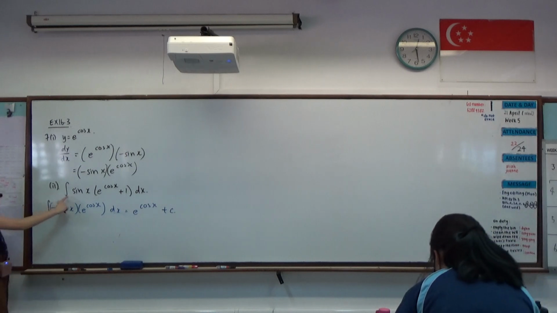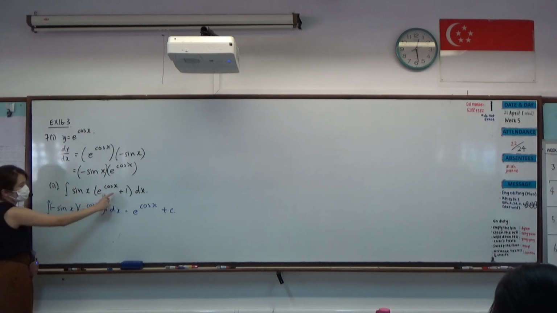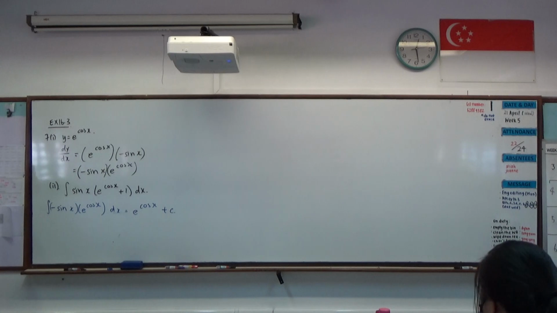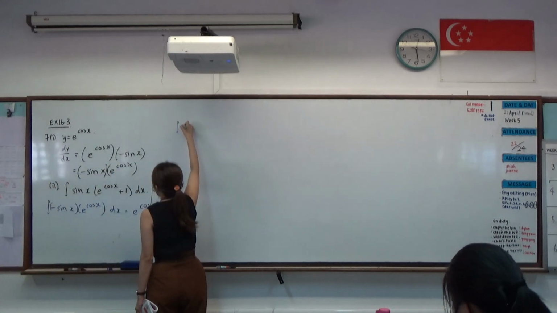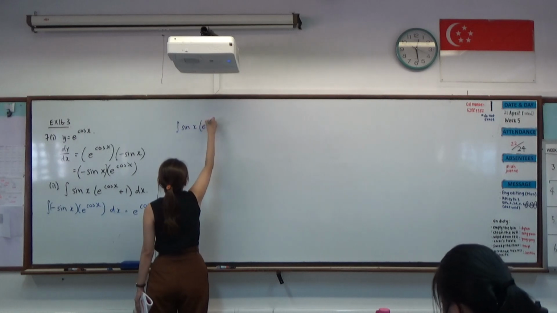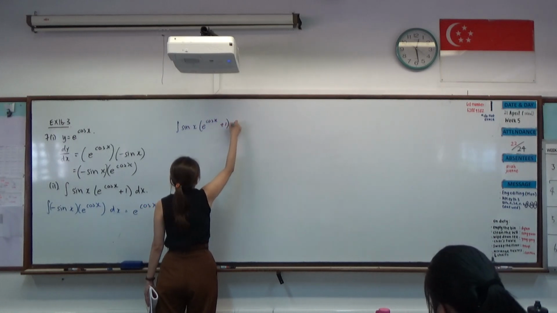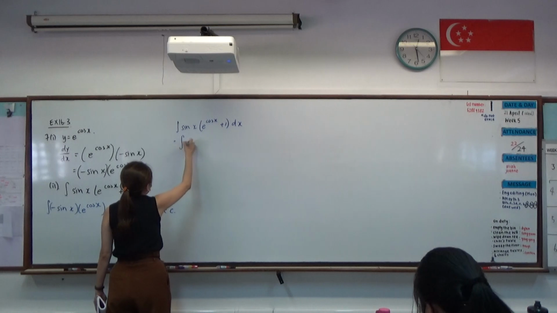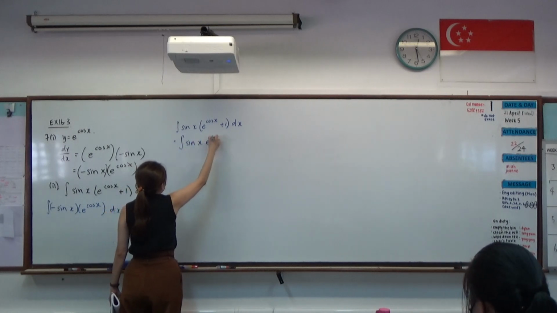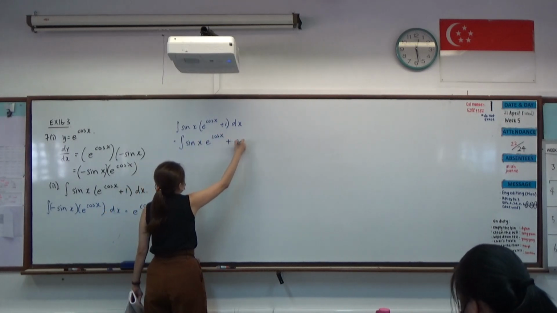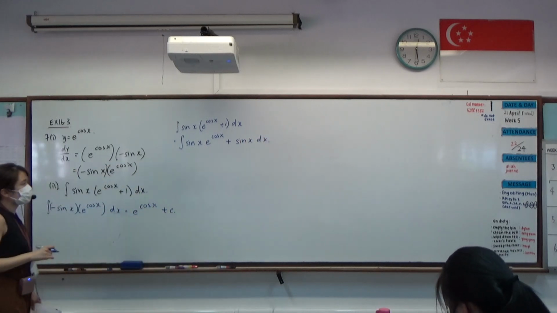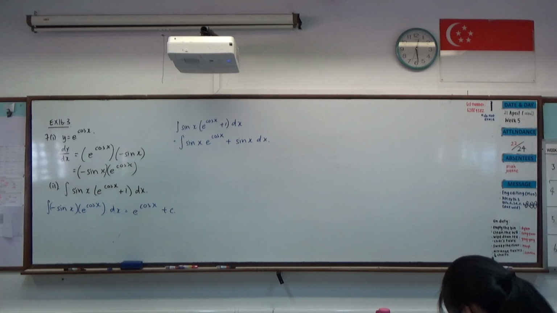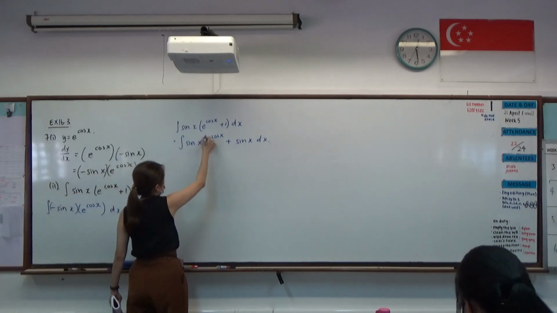But then because the question here, instead of e to the power of cosine x, we have a plus 1. So what we can do and we should observe is that we can do some form of expansion first, where we have to be integrating sine x e to the power of cosine x plus sine x.